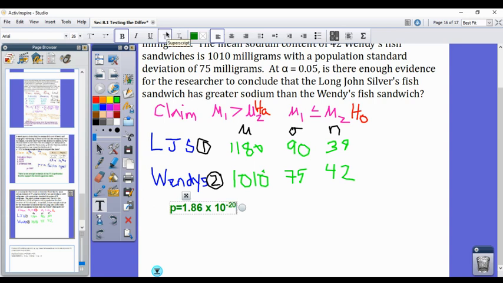So that is a very, very small p, which means this has a really small probability of occurring. And the question is, is that less than my alpha level of 0.05? You bet. So that means we are going to reject.